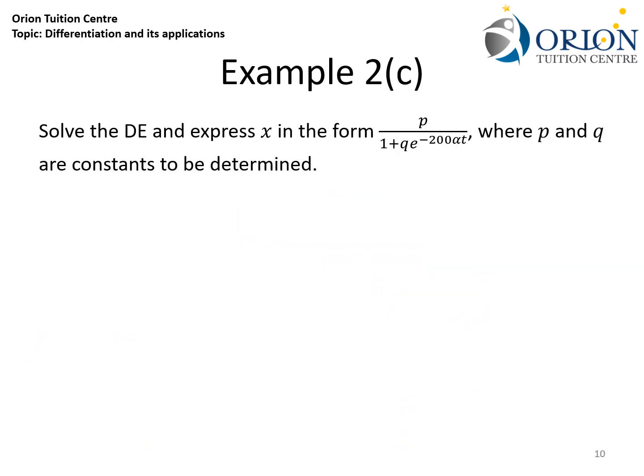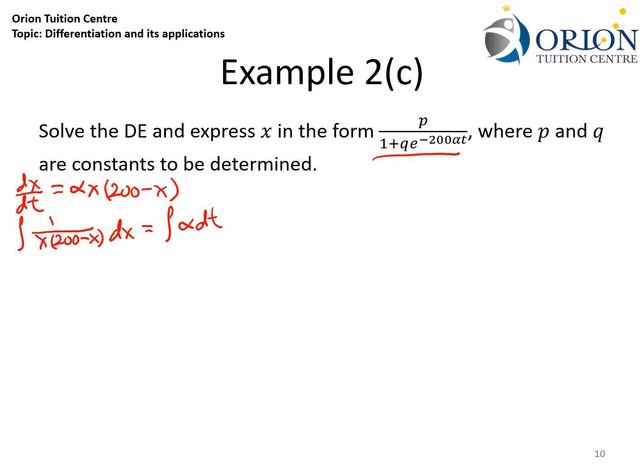In example 2c, we are now going to solve the DE that we have found in 2b in order to arrive at a solution which we are required to show can be written in this form. So let's solve the DE. From earlier, we know that dx dt equals alpha times x times 200 minus x. So we can separate the variables into the integral of 1 over x(200 minus x) dx equals the integral of alpha dt.